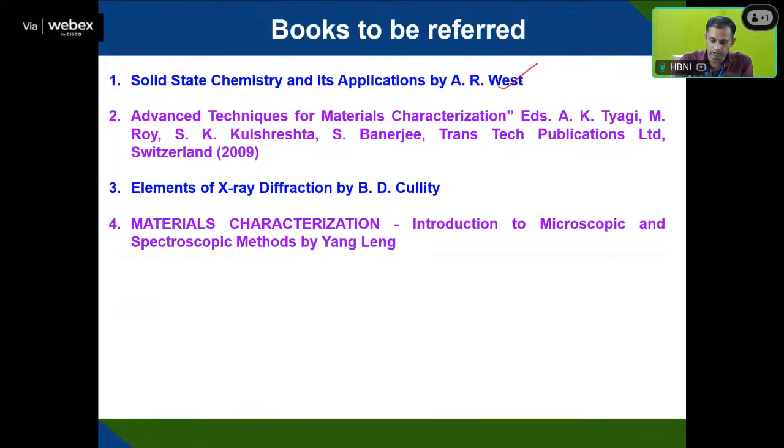These last two books you can find online, they are freely available, and the other two you can collect from the library or elsewhere, and you can follow all the details about these techniques.